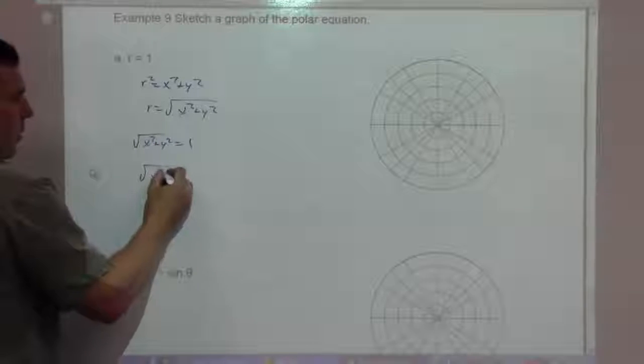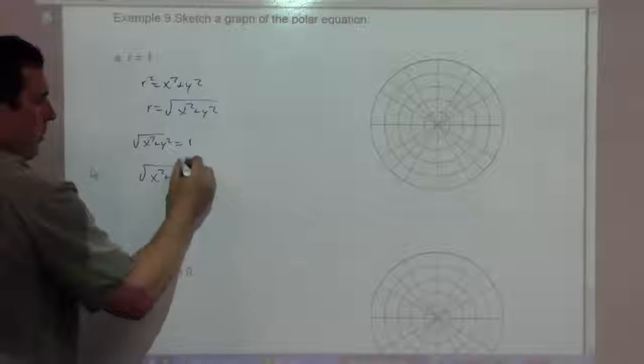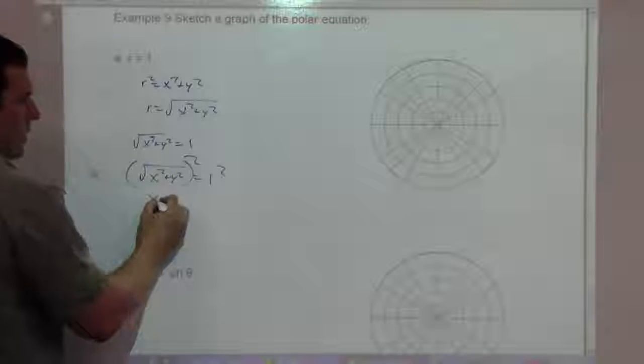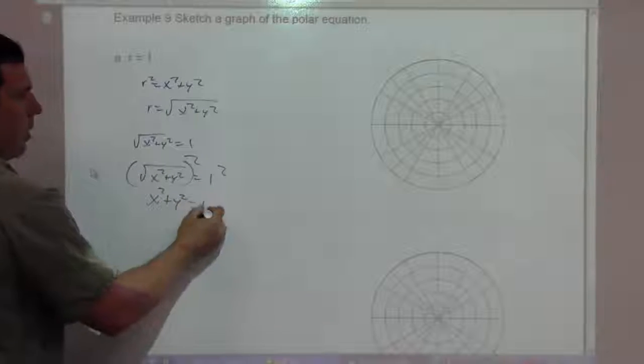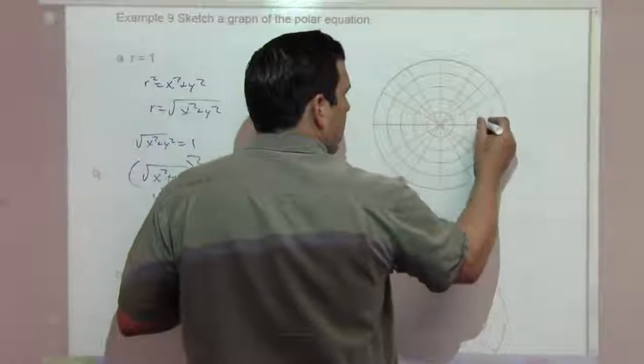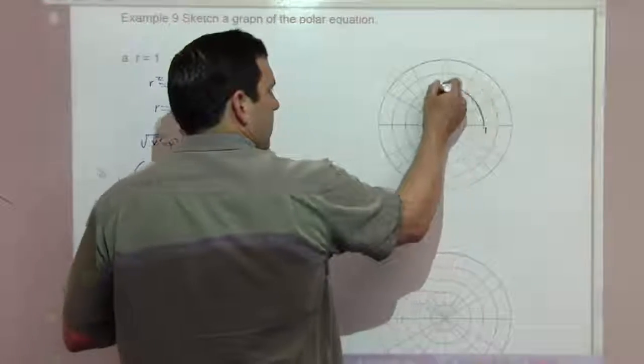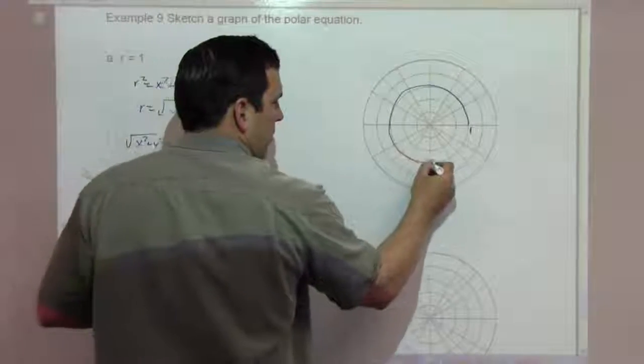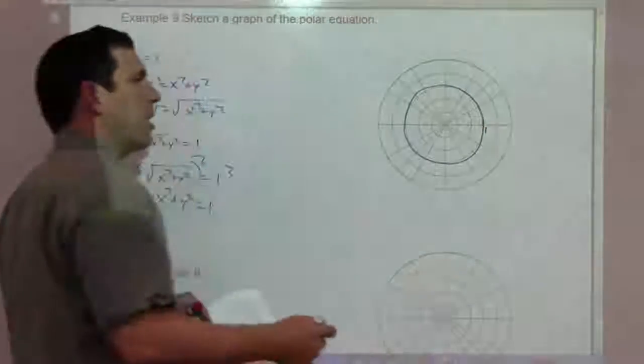If we square both sides, x squared plus y squared equals 1. It's a circle with radius 1. So if I call this 1 here, it means we're just talking about this circle. So when you have r equals a number, you're just talking about a circle.